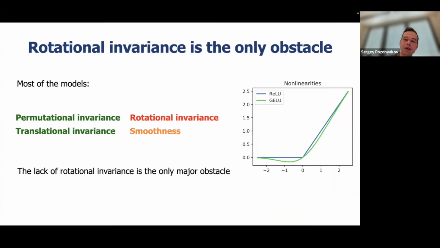Actually, if we carefully investigate the lay of the land in general purpose point cloud models, we can discover that already out of the box, most of these models, such as PointNet++, are invariant with respect to permutations and invariant with respect to translations.